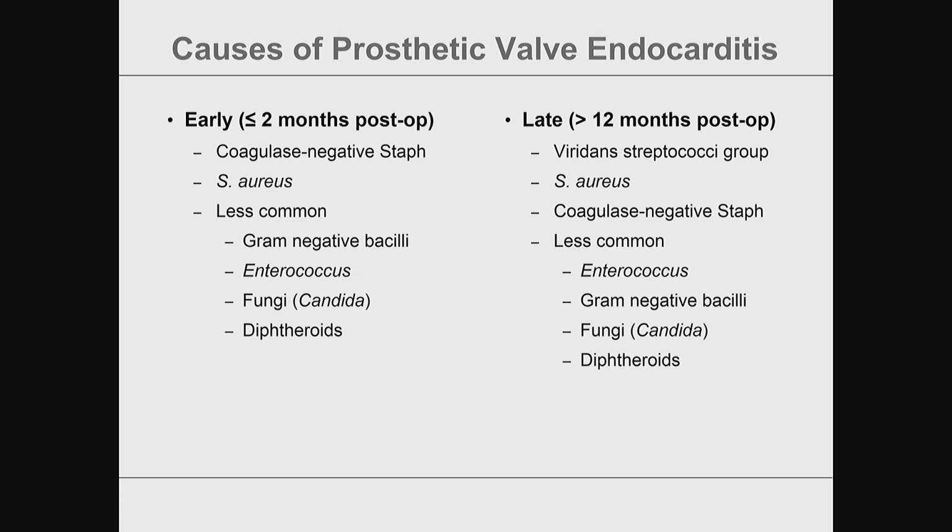Whereas patients that have prosthetic valve endocarditis after a year of having the prosthetic valve placed are more likely to have Viridans strep group endocarditis, followed by Staph aureus, and then coag-negative staph, and then, less commonly, enterococcus, gram-negative rods, Candida, and diphtheroids.